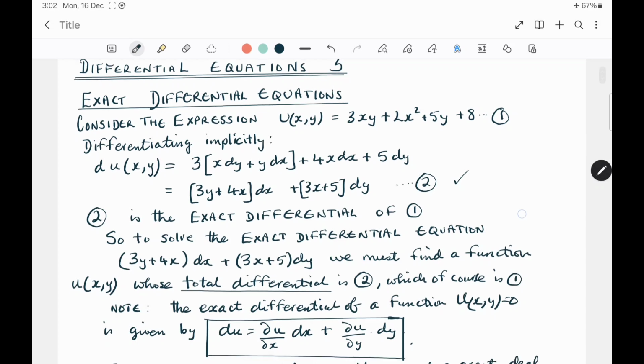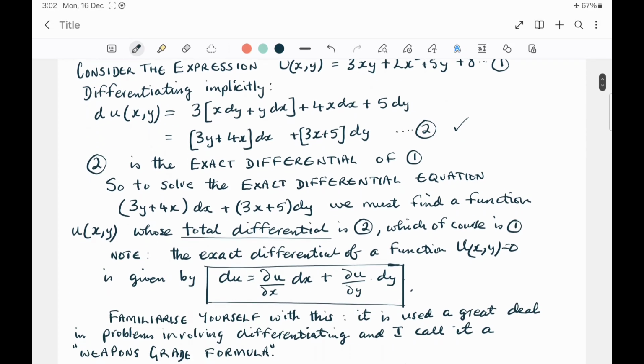One important thing I need to point out first, and I've written down as a note here: the exact differential of a function of x and y, which I call u, is given by du = ∂u/∂x dx + ∂u/∂y dy.